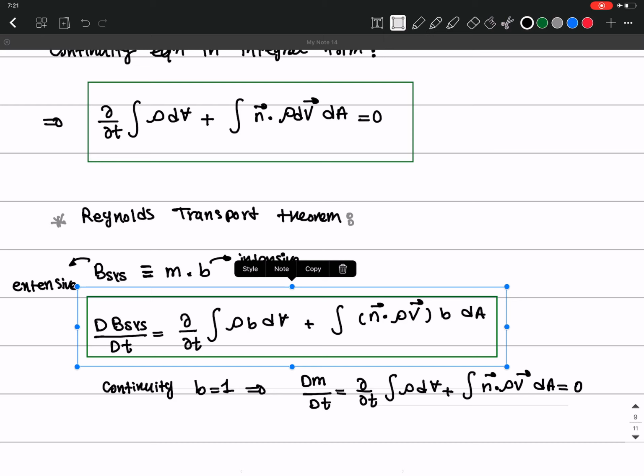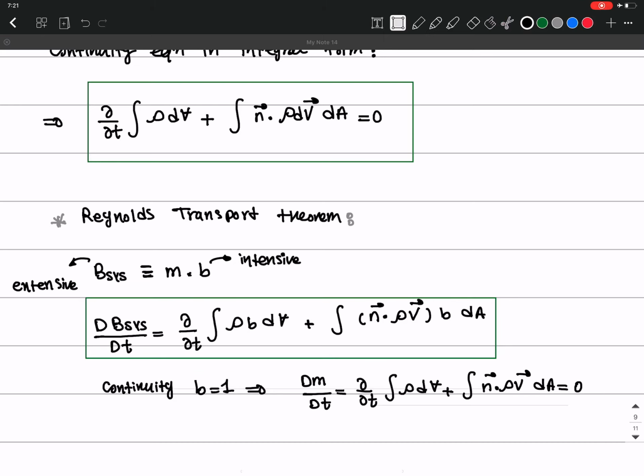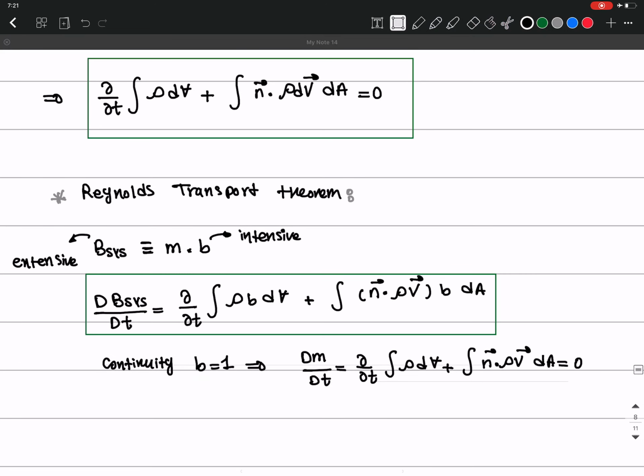And this is a very important theorem because you can derive the continuity and momentum equations from these two. But for the momentum equation, instead of setting small b to 1, what you need to do is to set b equals to velocity. And if you set b equals to velocity, you are going to get the momentum equation.